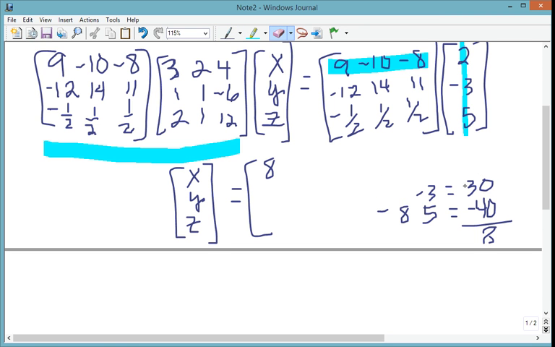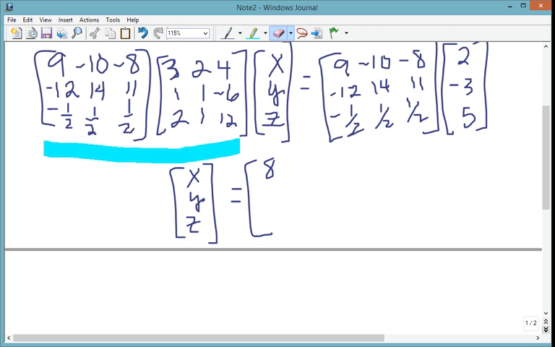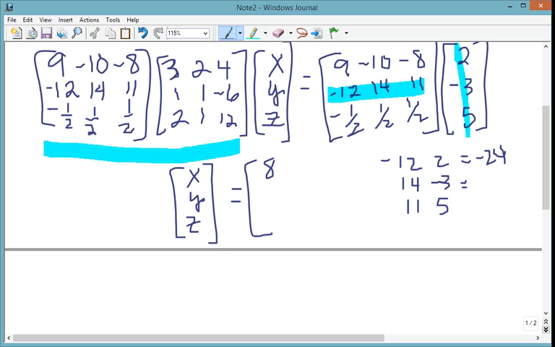All right, let's do the second row. Second row, first column. All right, negative 12, 14, 11, 2, negative 3, 5, negative 24, negative 42, and 55.